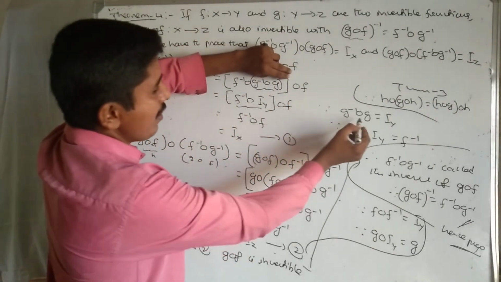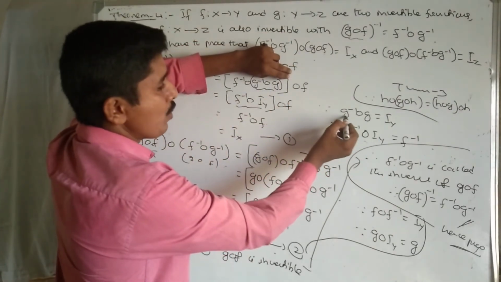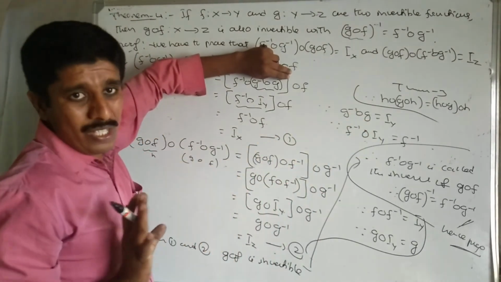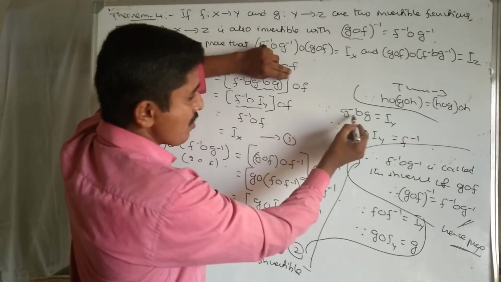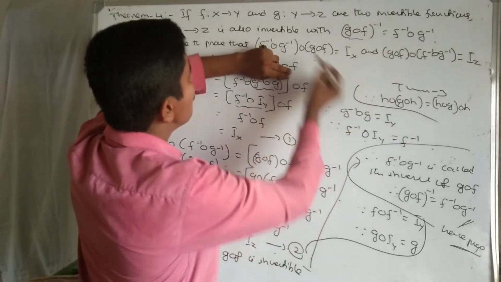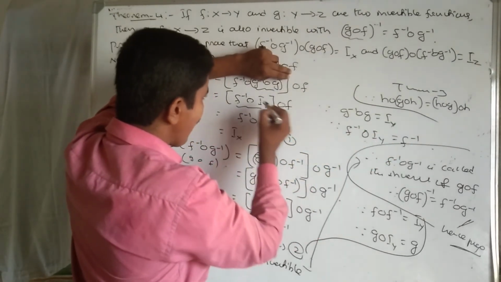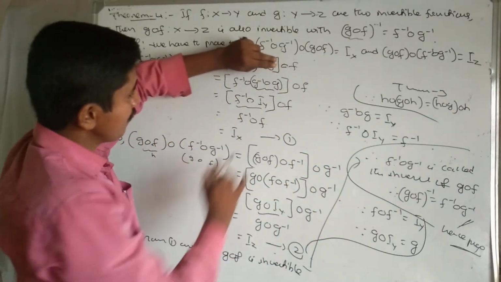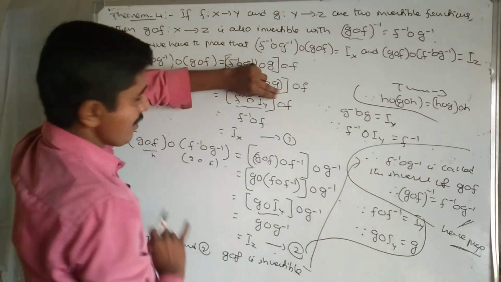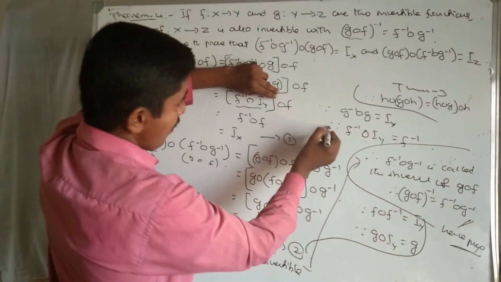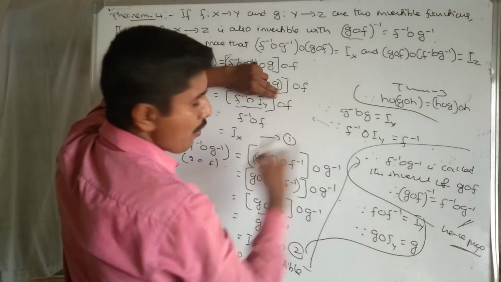Next, clearly, the composition of any function with its inverse function is the identity function. Mind it: G inverse o G equals the identity function, G domain here Y. The subscript place is very important: Y, I_Y. This value I_Y, o F as it is. Next, F inverse o I_Y.